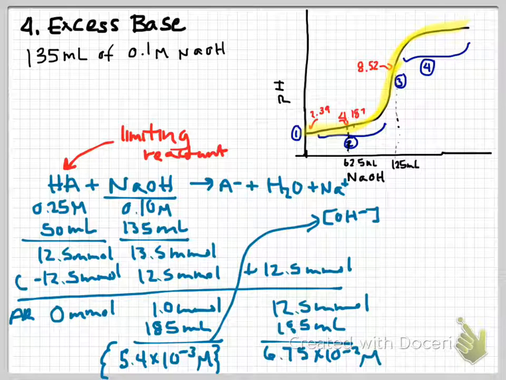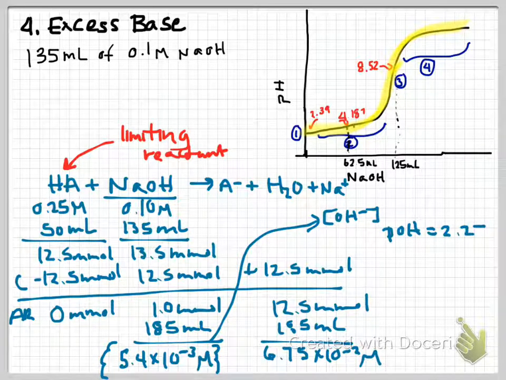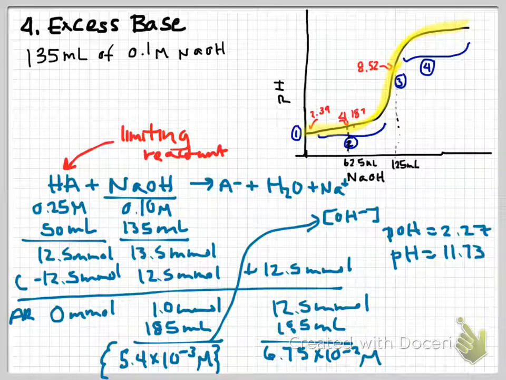It doesn't mean the weak base is not there and putting some OH in solution. It's just that the strong base is so much more dominant that we can neglect what's coming in from the weak base. So I can take the negative log of that and get my pOH equals 2.27, and my pH then is 11.73.